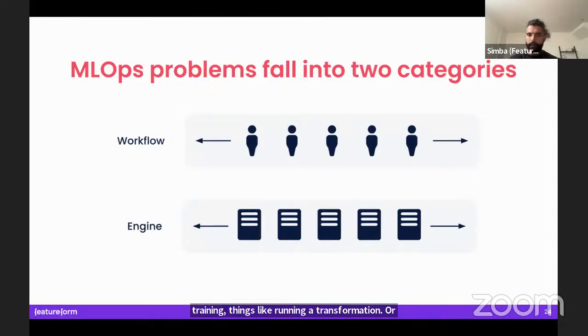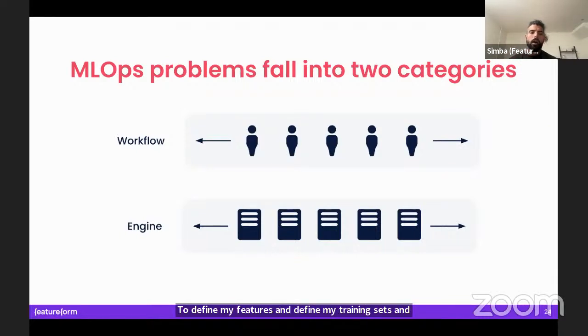That lives, in my opinion, on the engine layer. Even serving, the actual serving container, is the engine. Now, the workflow layer is much more about orchestration. It orchestrates the engine. For example, I might be using Spark as my engine, but I might be using Featureform to define my features and my training sets, and Featureform will orchestrate the engine.